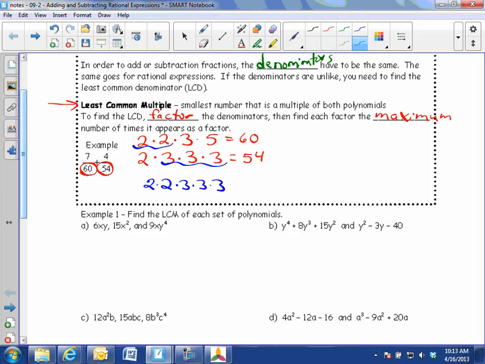Last is 5. It only appears once up here, nothing down here, so we get 5. So I found the most amount of times each factor appears in either number. Does this make sense so far? Okay, so then let's multiply: 2 times 2 times 3 times 3 times 3 times 5.